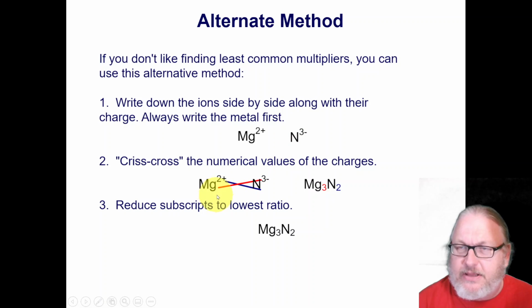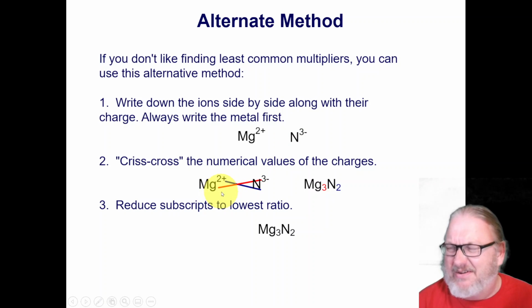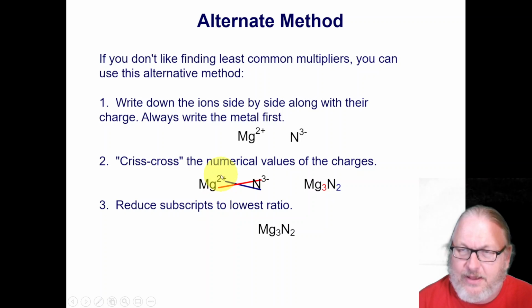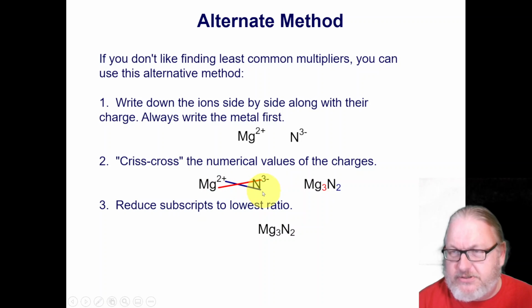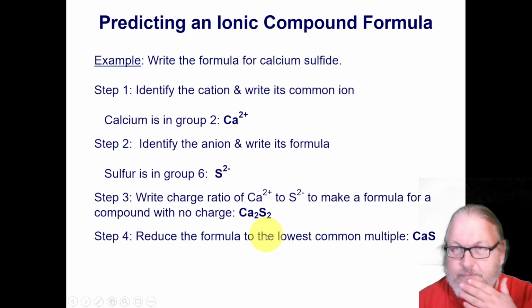I take that 3 and put it down by the magnesium, dropping the minus, and I take that 2 and crisscross it down to the nitrogen. I have the lowest whole number ratio, magnesium 3, nitrogen 2. That would be magnesium nitride, Mg3N2. Not hard, is it?